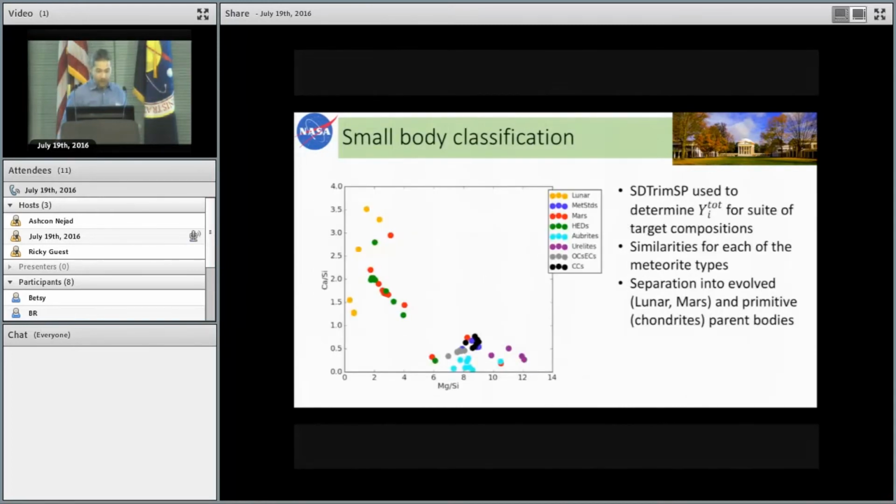So we want to know composition, we want to know origin. So what we did is we ran these simulations for a large suite of meteorite compositions in SDTrimSP, and then corrected those total yields using the correction factors that I showed on the last slide. And what we see is that our compositions tend to separate into evolved bodies such as the lunar, Mars, HED meteorite types, and the primitive bodies which are represented by chondrites, ureilites, and aubrites, which are down here.